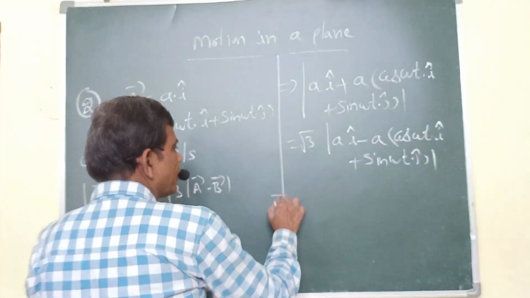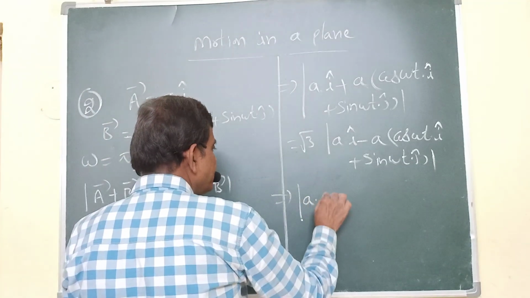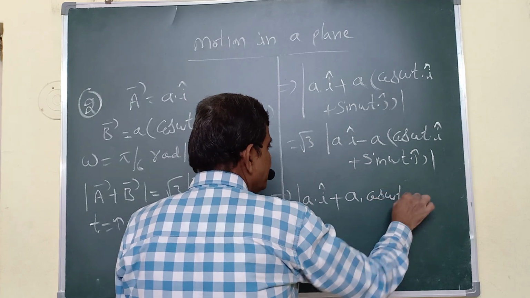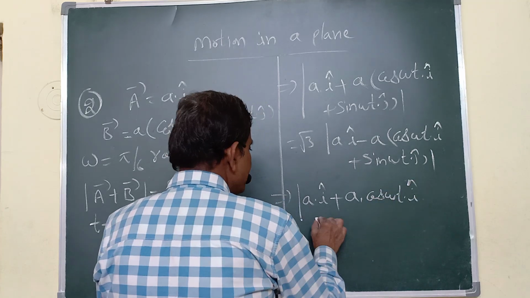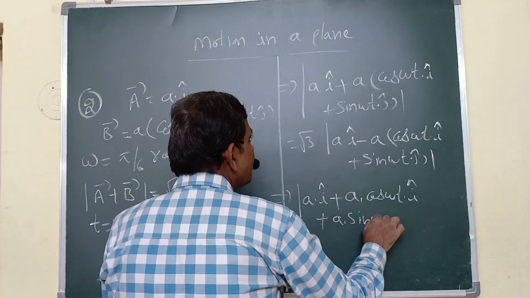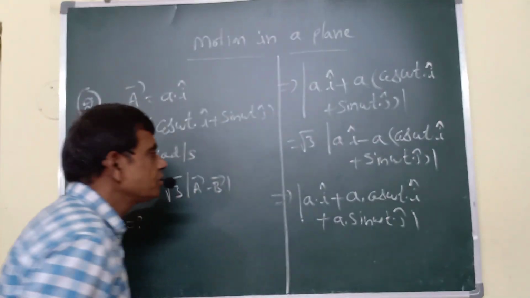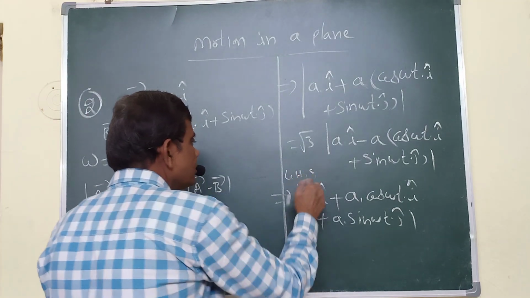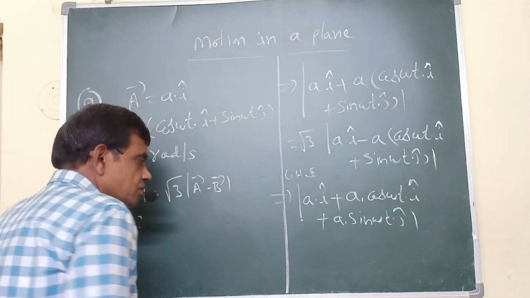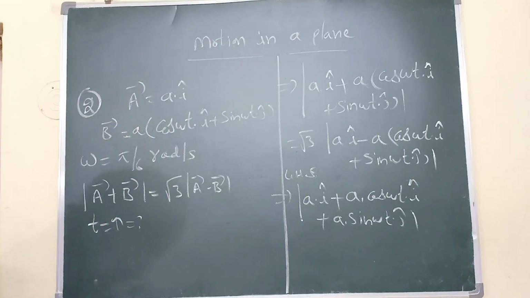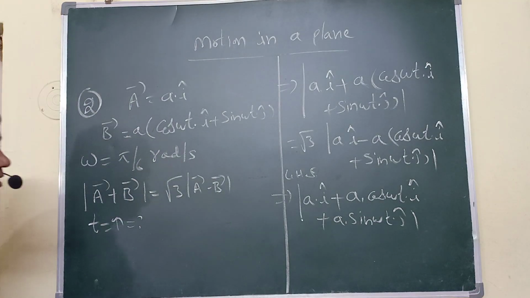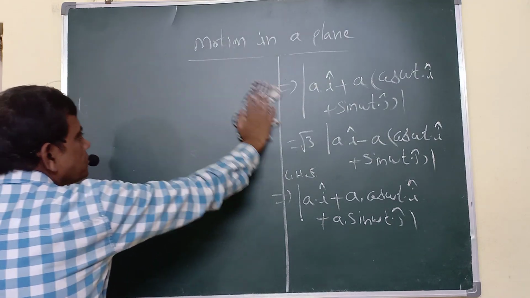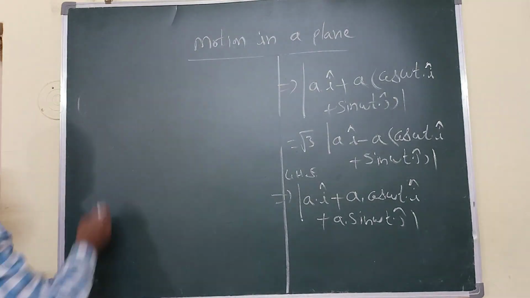Now I am simplifying this. Mod of A i plus A cos omega t i plus A sin omega t j, that is the LHS. Now what is the RHS?